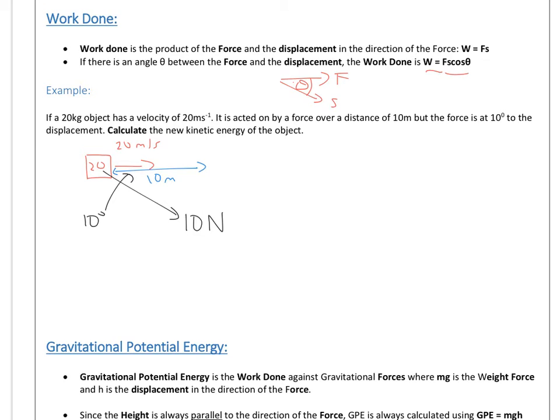So what we want to do is calculate the new kinetic energy of the object. The first thing is to calculate the change in the kinetic energy, which is equal to the work done, because any work you put in is going to increase the kinetic energy. We know it's F s cosine theta, so it's 10 times 10 times cosine of 10.